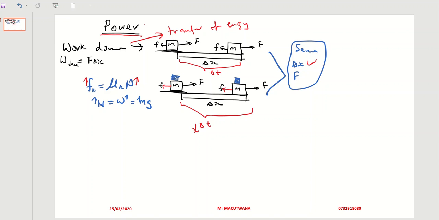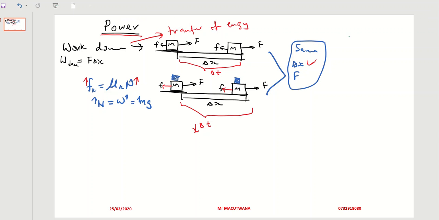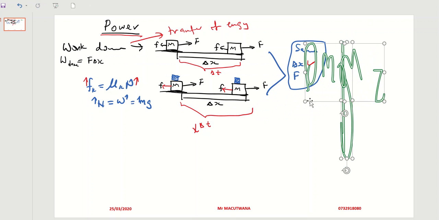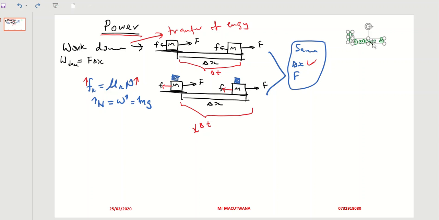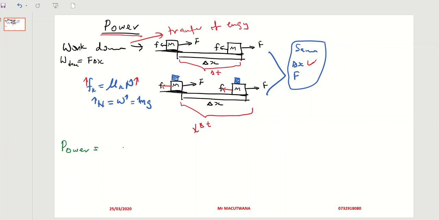Then, now if we bring in this power, we're going to say it is equal to, all right, let me drag it to where I have enough space. Now, power, we'll give this power a formula, so that we come with the definition later.